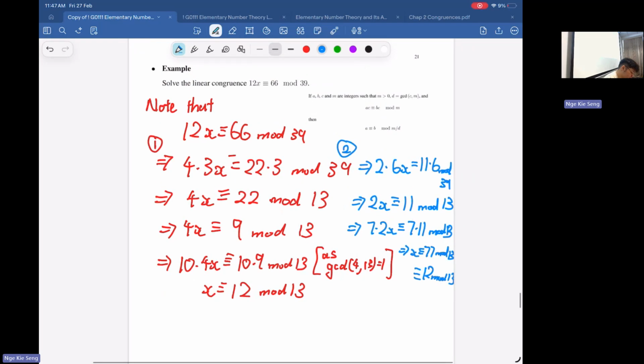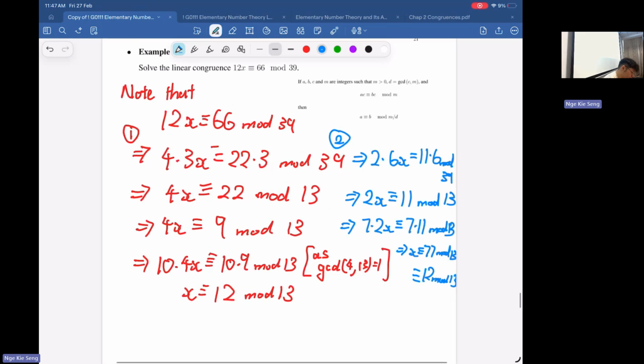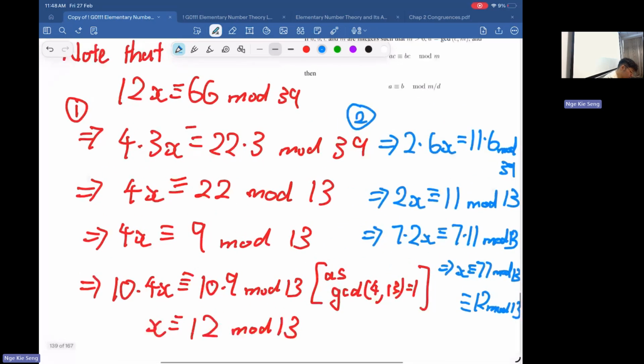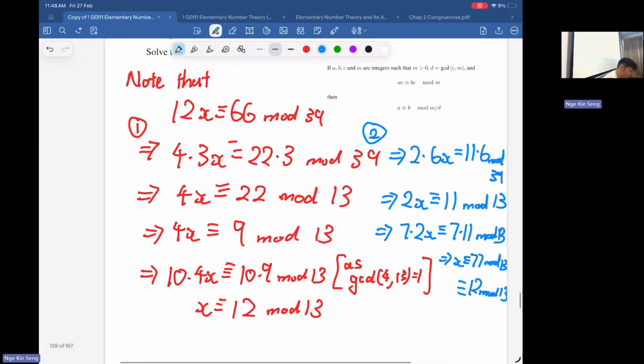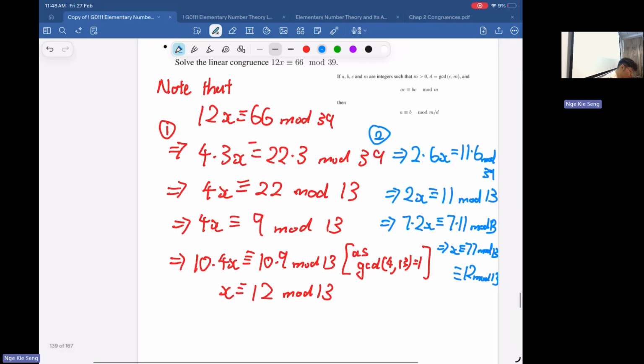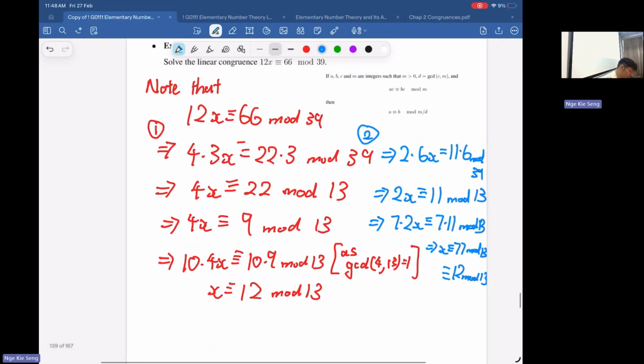Okay, so since it is 12 mod 13, what does this mean? Because your solution is 12 mod 13, but your original modulus is 39, right?